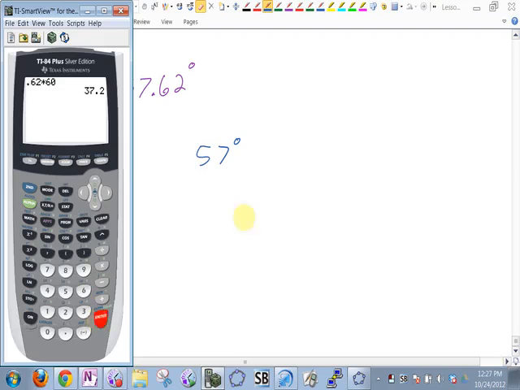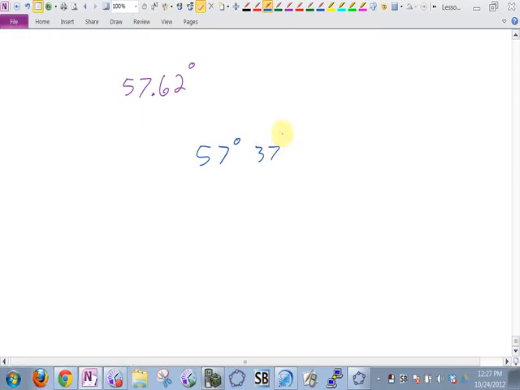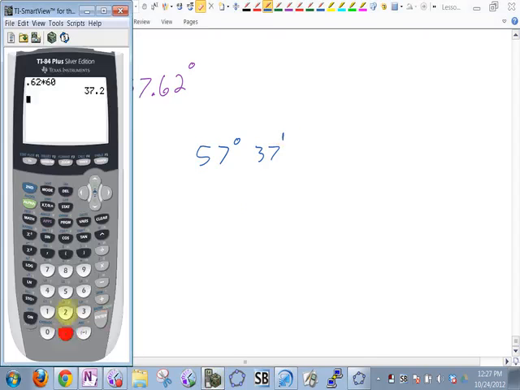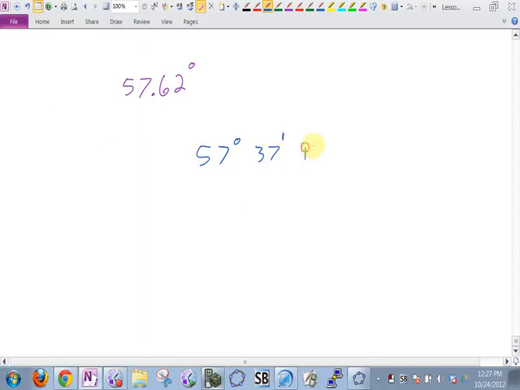So it's 57 degrees, 37 minutes, which we just use a little tick, prime, apostrophe. Then take that decimal part, 0.2, and multiply it by 60 and get 12 seconds, which is a double tick, like a quotation mark.